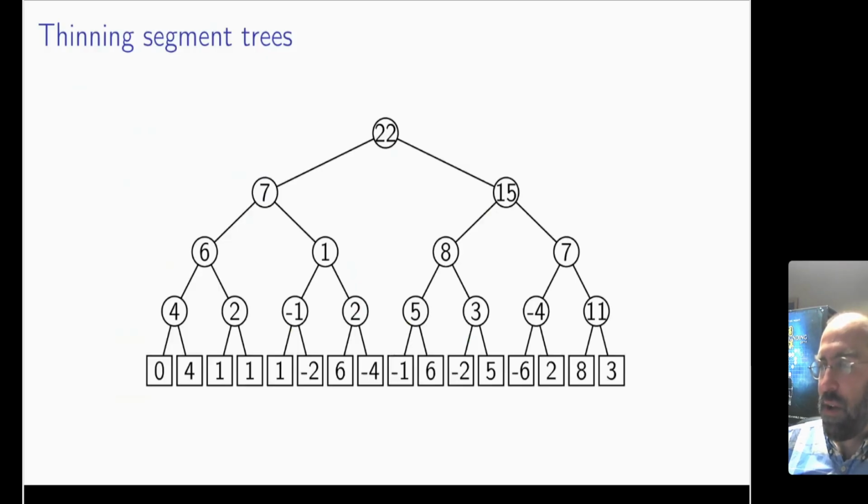Okay, so let's think about segment trees again. So back to a full binary tree with these cached sums, and it turns out that we actually don't need a bunch of these values. I've grayed out some of the values. In particular, every node that is a right child, I have grayed out, and we don't need those.